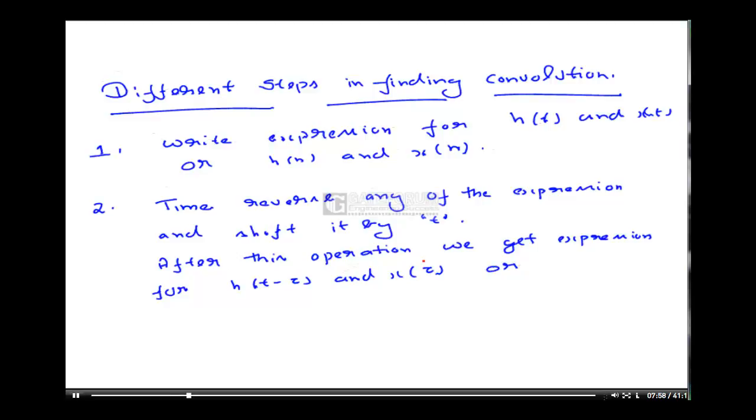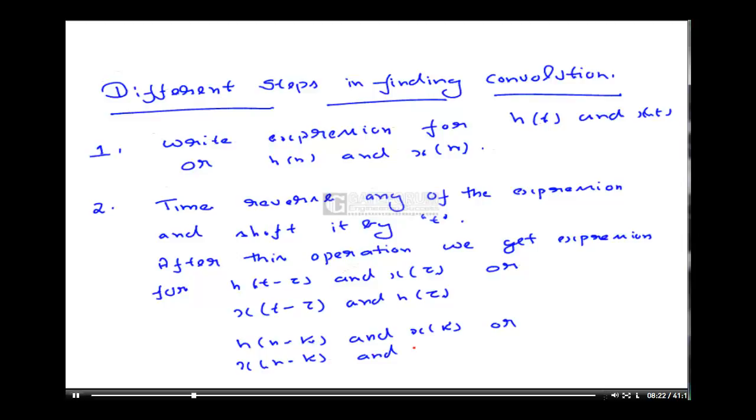Or if we reverse x(t), then I will get x of t minus tau and h of tau. This is in the continuous time domain. In the discrete time domain, I will get h of n minus k and x(k), or x of n minus k and h(k).